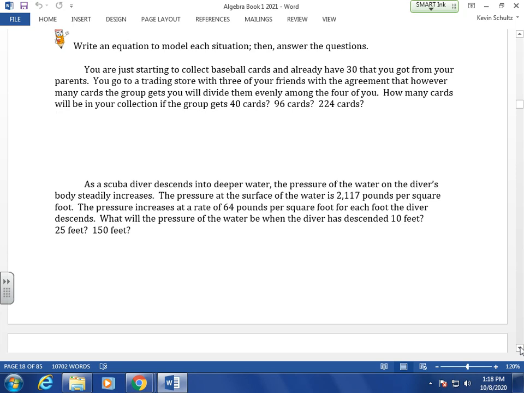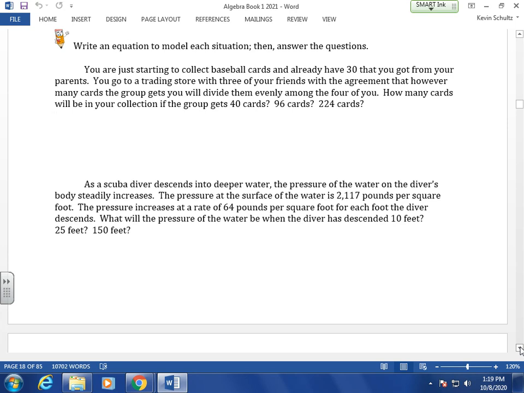That's what you're kind of starting with. You go to a trading store with 3 of your friends with the agreement that however many cards the group gets, you will divide them evenly among the 4 of you. There's a big word in that statement that gives you a hint as to what operation we're going to be using here. You will divide the cards you get among the 4 of you.